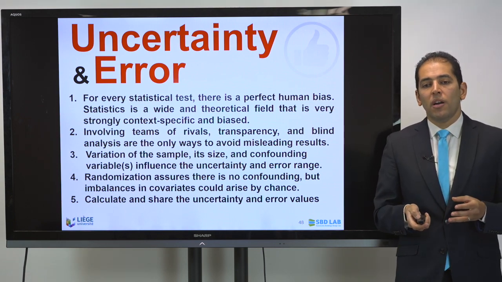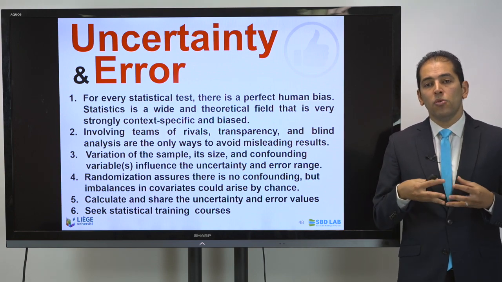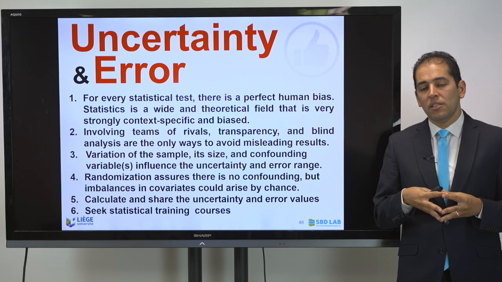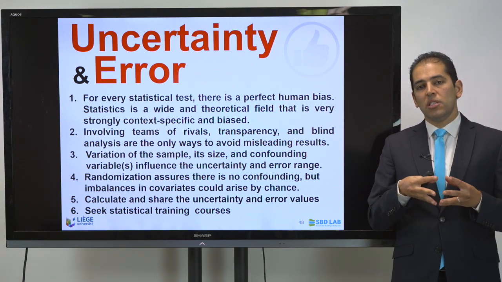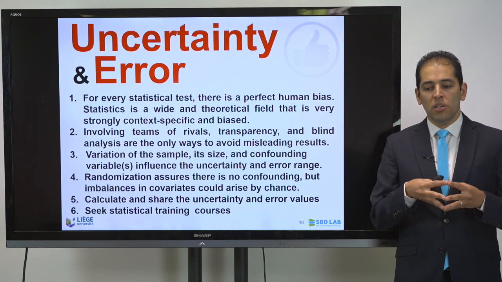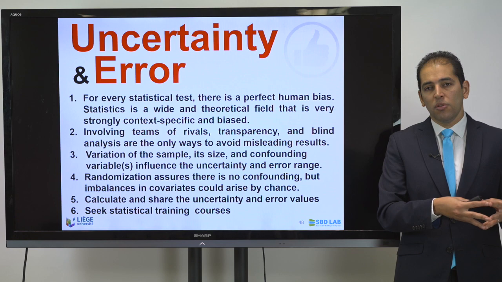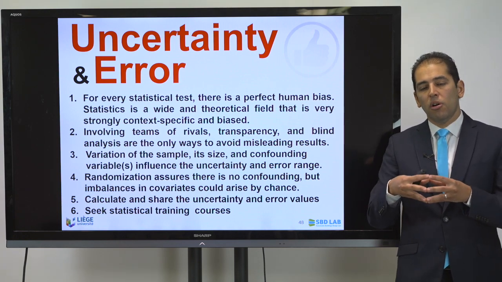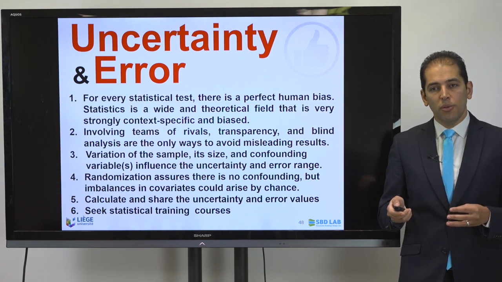And finally, I always advise you to seek statistical training courses to be more deeply educated and better aware and equipped with all these problems that you encounter, whether on the level of the design of your experiment, design of your observational test, or on the level of the data collection, or on the level of the choice of the test that you want to perform.